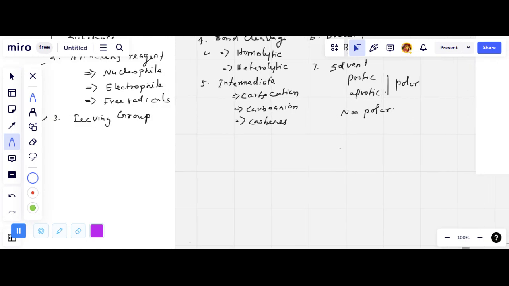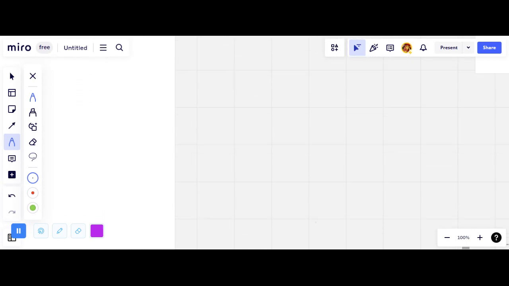So for intermediate, it may be a carbocation, carbanion, or carbenes. We'll discuss that. First we'll see the carbocation.